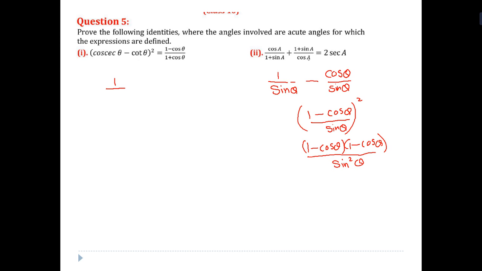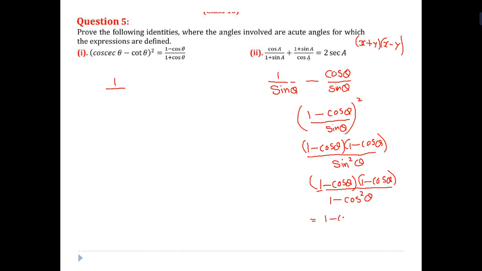But we know that sin square theta is equal to 1 minus cos square theta. So 1 minus cos theta, 2 times, and in the denominator we write 1 minus cos square theta. So 1 minus cos square theta means one time plus and another time minus, एक बार plus और एक बार minus.